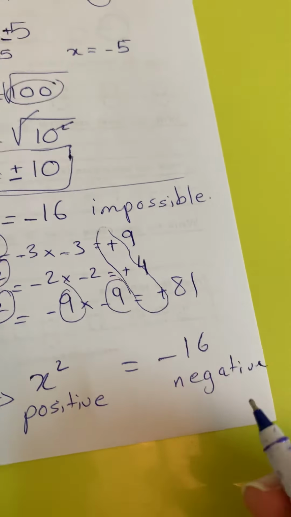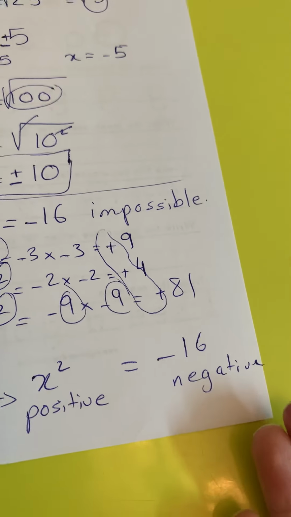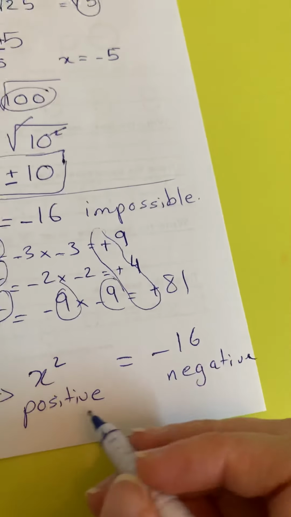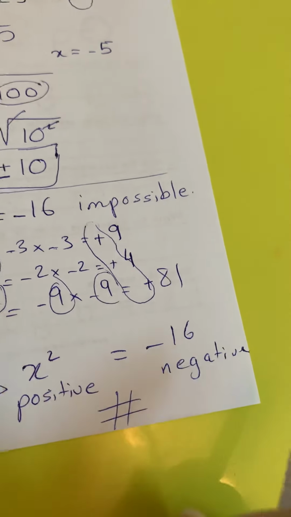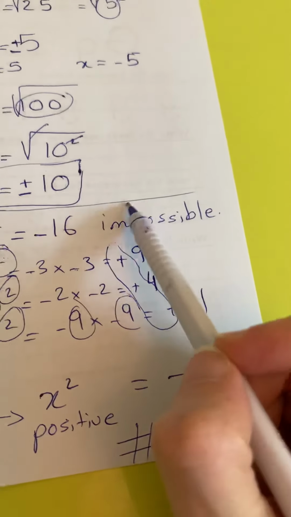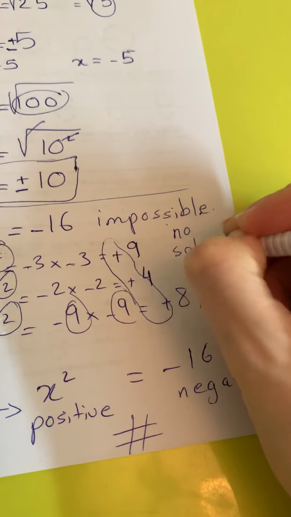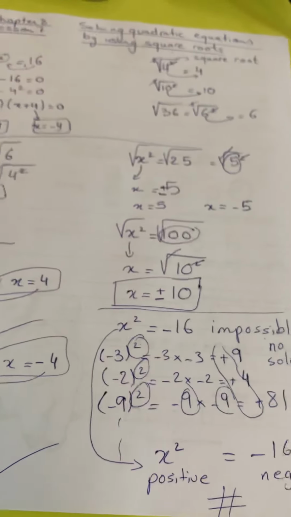Now, how come in math a positive number is equal to a negative number? It's impossible. It will never happen. So this is wrong. So what you say is impossible, or you can say no solution. Okay? This was example 1.